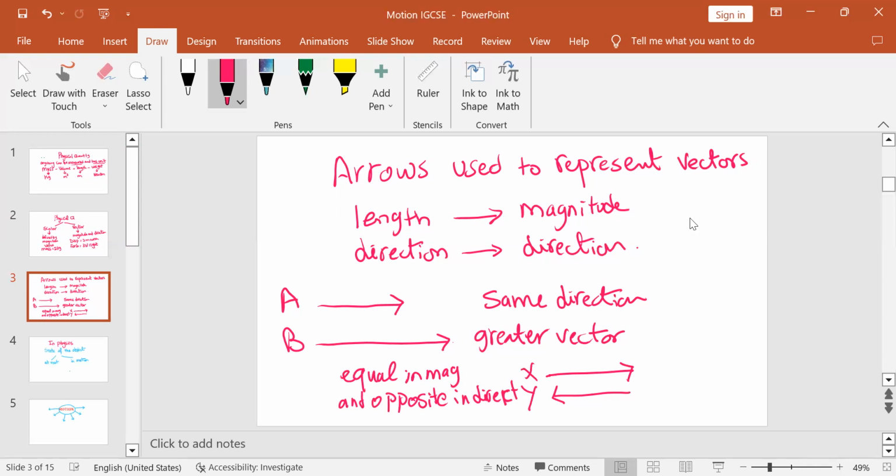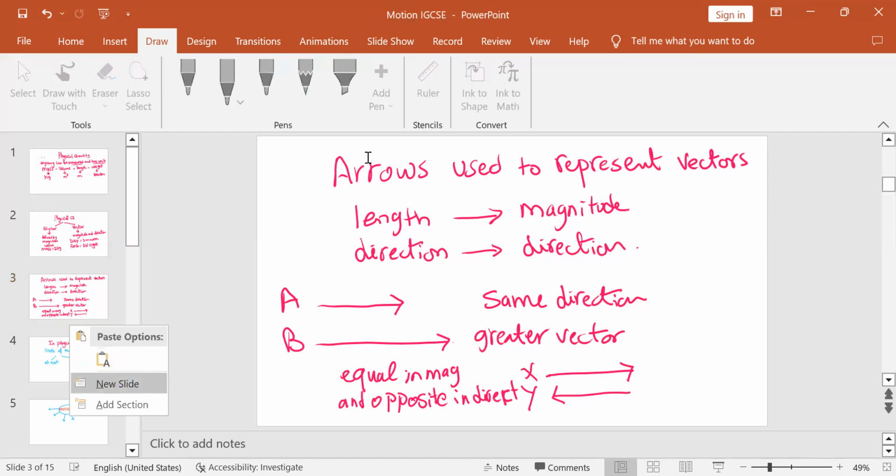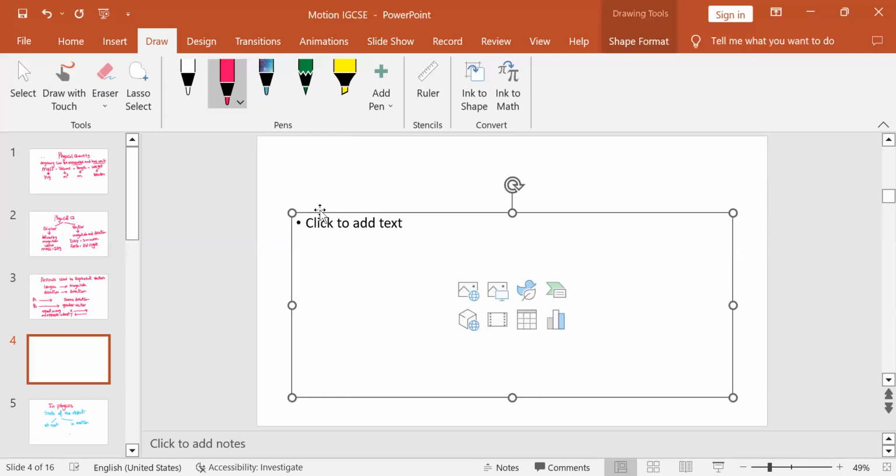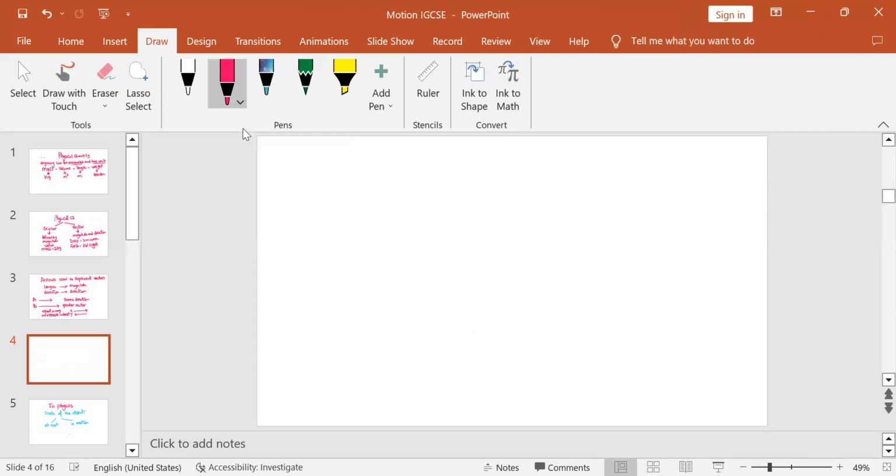Okay. How to find the resultant vector? Have you ever heard about this before? I don't think so.